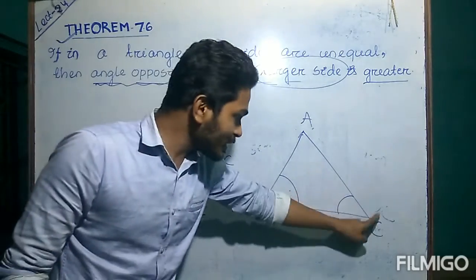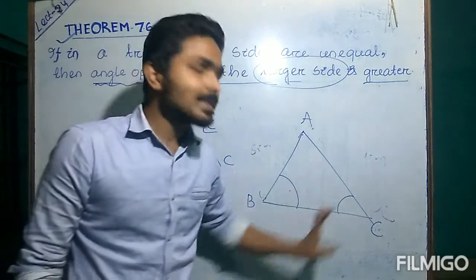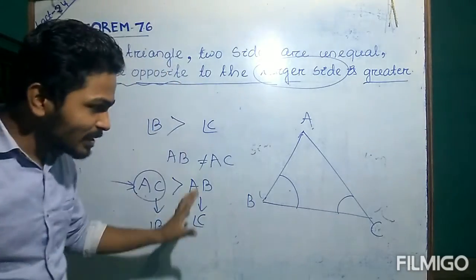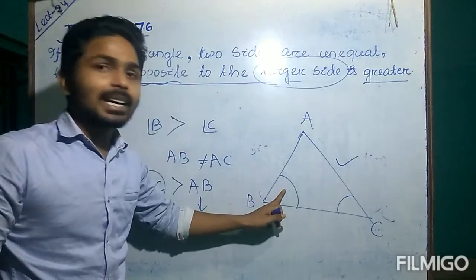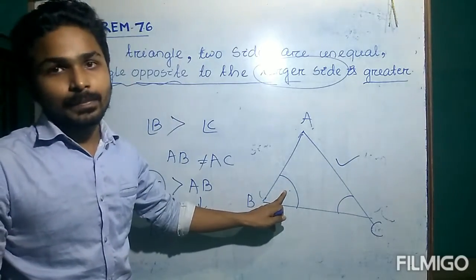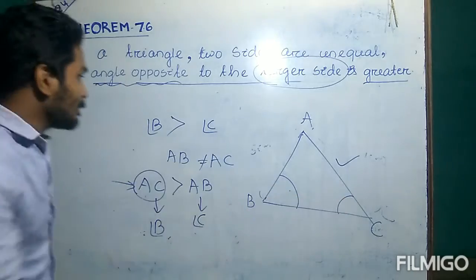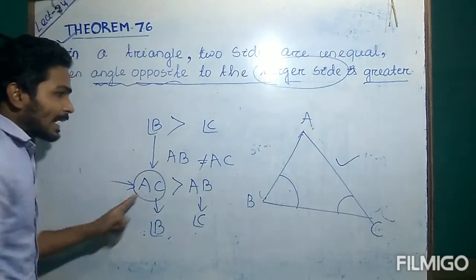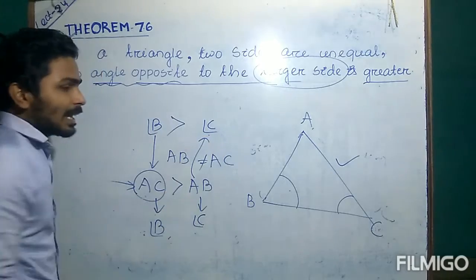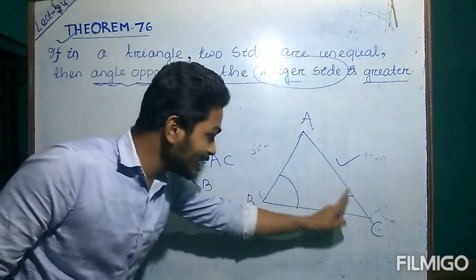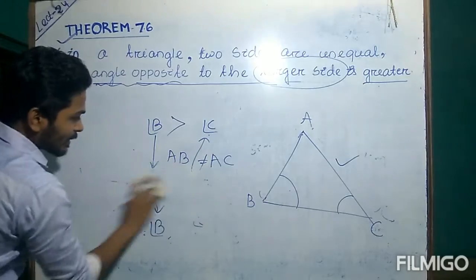Angle B is the opposite angle of AC and angle C is the opposite angle of AB. According to this statement, if any side is larger, then its opposite angle is also larger than the opposite angle of the smaller side. So angle B is greater than angle C. This is very easy to understand.